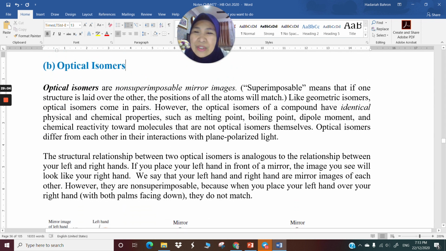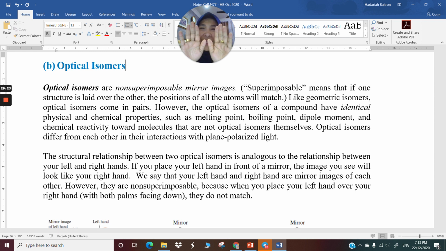But when we go into optical isomerism, optical isomers are non-superimposable mirror images. When you have a compound, for example in this arrangement, and you have a mirror image of it. Can you see that both my hands are mirror images? If there is a mirror between them, unless I change the position of my ring. Now, mirror images.